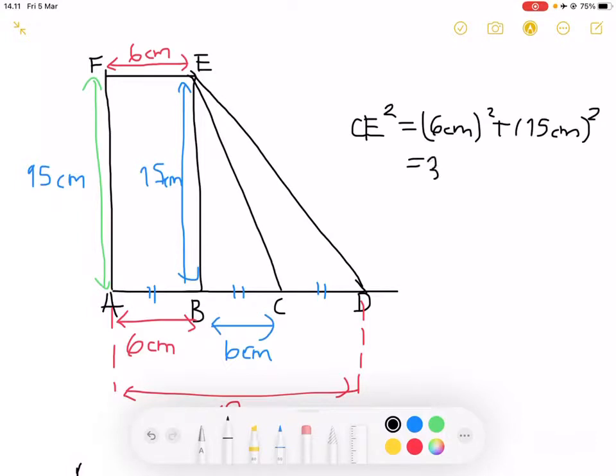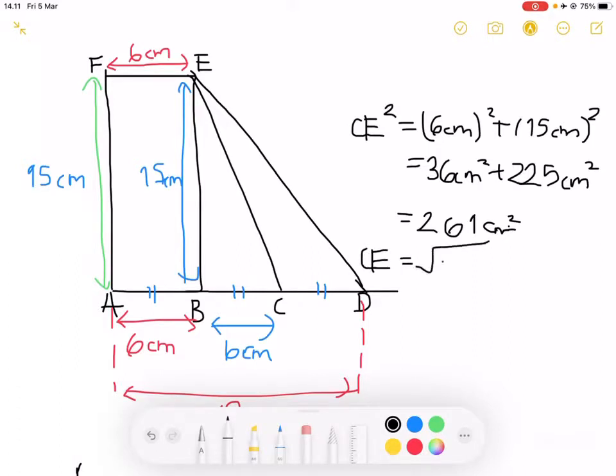This will be 36 centimeters squared plus 225 centimeters squared. Adding this, you'll get 261 centimeters squared. And taking the square root of both sides, CE is equal to the square root of 261 centimeters.